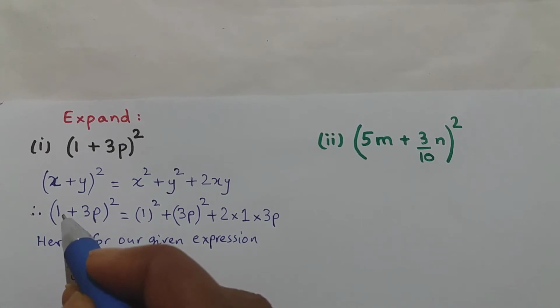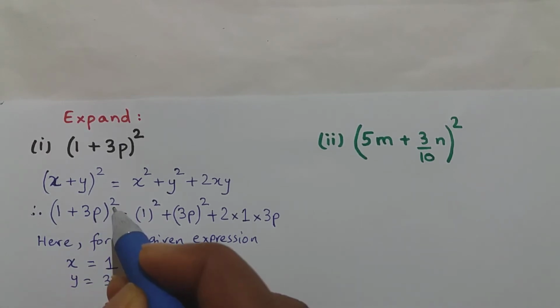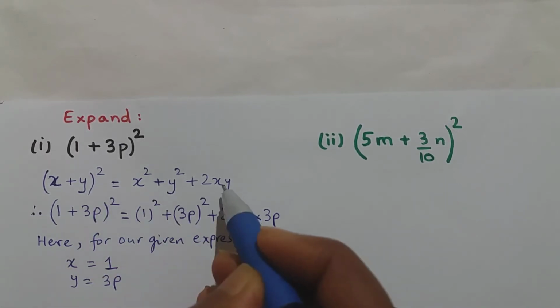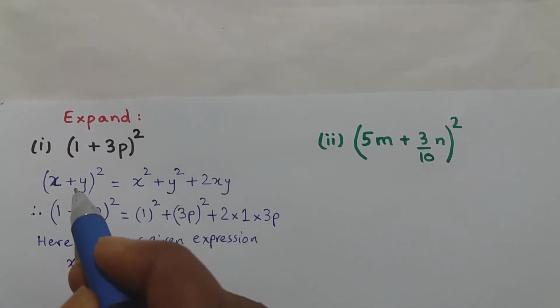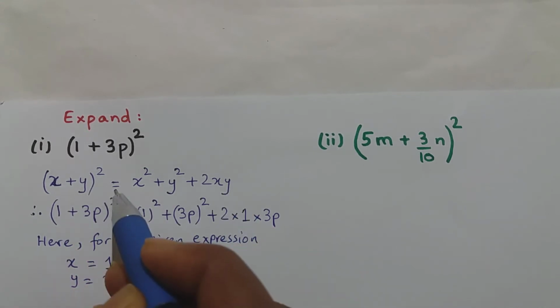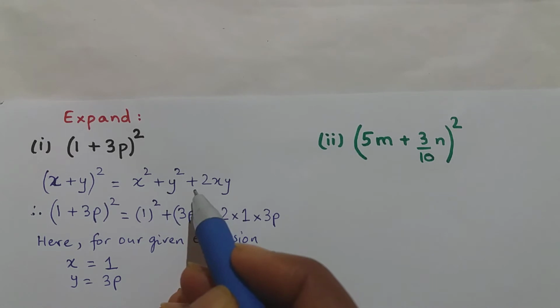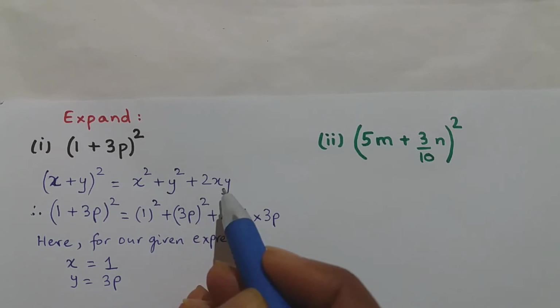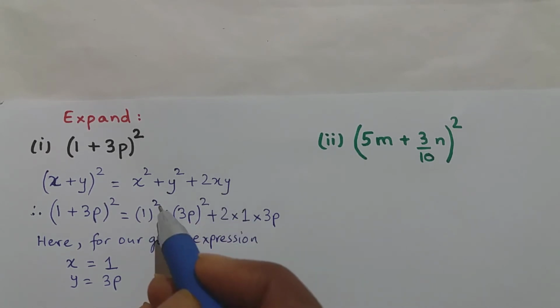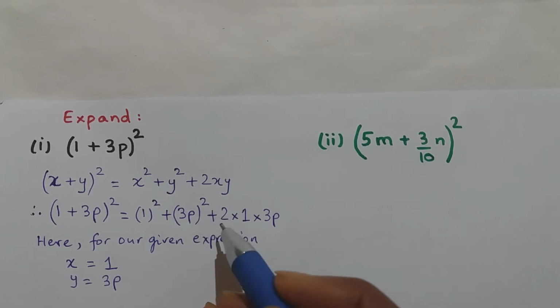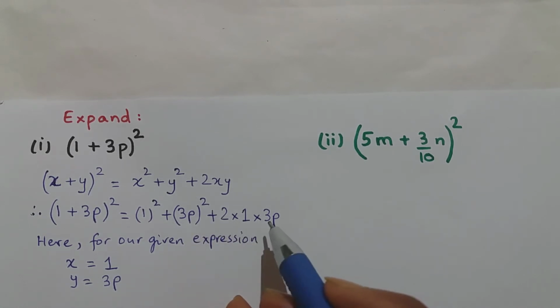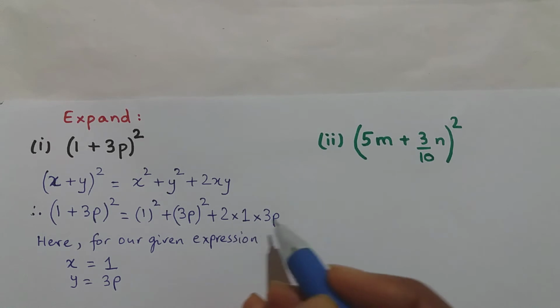So when we expand 1 plus 3p whole square using the identity, we get 1 square plus 3p whole square plus 2 into 1 into 3p. And now we have to simplify this to get our final answer.